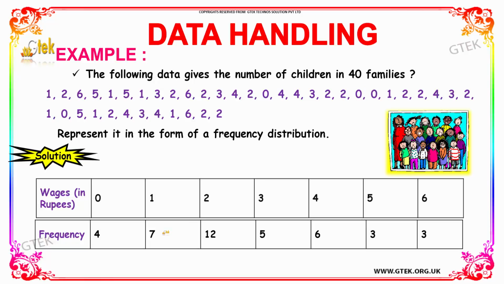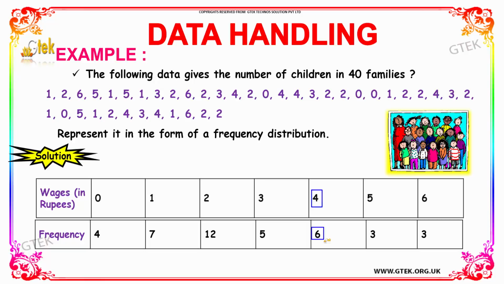And similarly, there are 7 children who are getting their wages to be 1. And there are 12 children who are getting their wages to be 2: 1, 2, 3, 4, 5, 6, 7, 8, 9, 10, 11 and 12. So that makes the frequency 12. And there are 5 children who are having their wage to be 3.